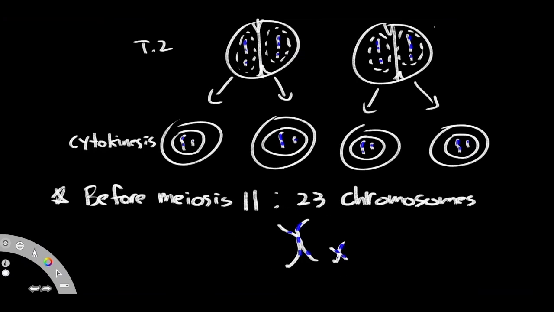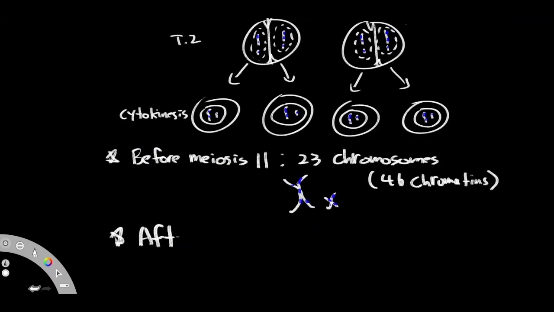Remember, this was 23. We see 2 here, but technically there's 23. But remember, this is a sister chromatid to this one. So this is one chromatid, this is another chromatid, so it doubled. Same thing with this one here. So technically, even though we have 23 chromosomes, we actually have 46 chromatids.